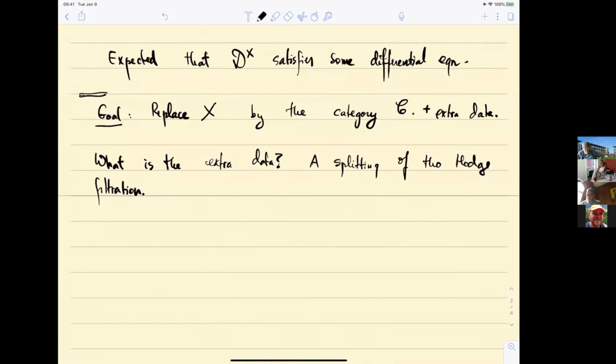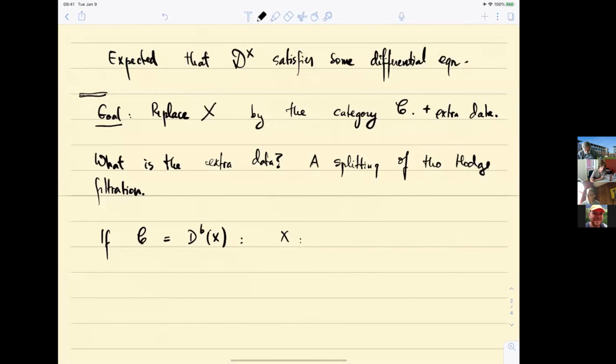So I'm not going to yet tell you what that means for a category, but I will try to tell you what that means for an actual variety. So if the category C were the derived category of X for some Calabi-Yau manifold X, then we know that X has a Hodge filtration.